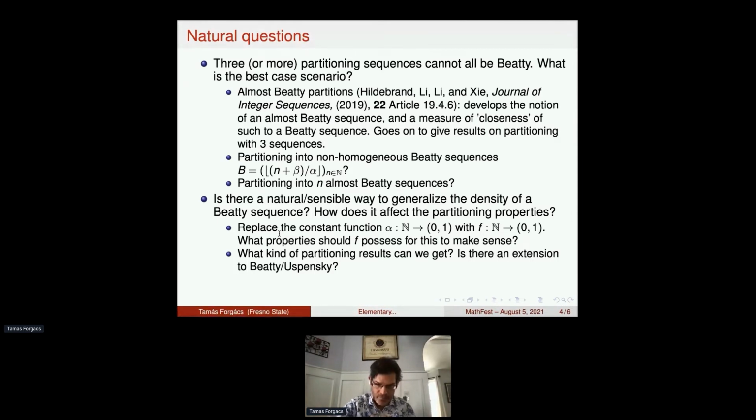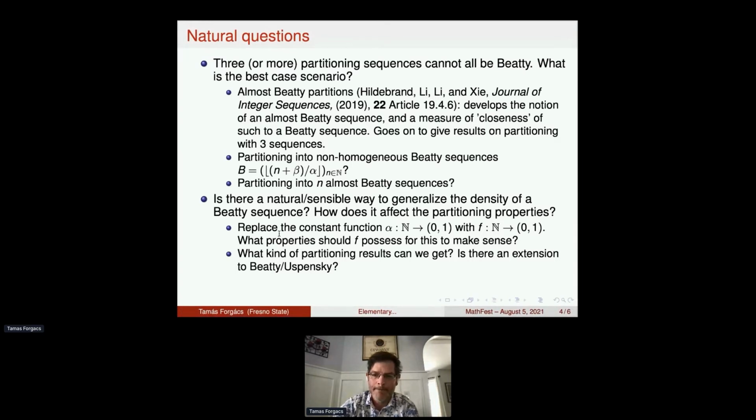Interestingly enough, if you look at monotonic functions far enough out, one can prove that any initial segment of the natural numbers can be partitioned by a Betty sequence associated to such a density function and its complement, but they all fail. None of them will actually partition the entire set of integers. So there's some lovely mathematics going on there, but the questions are still open.